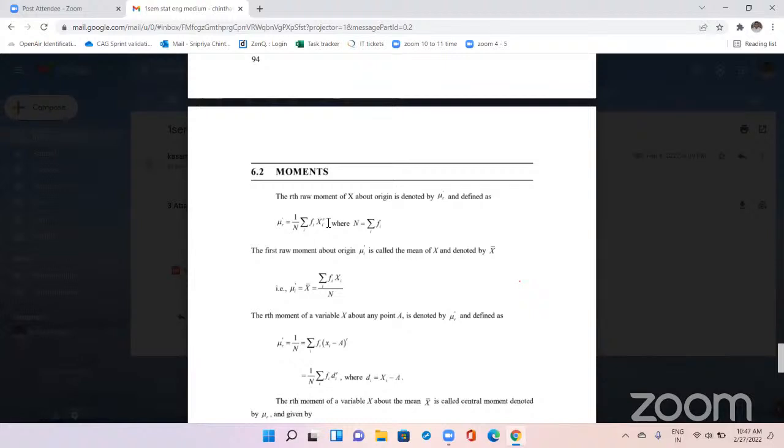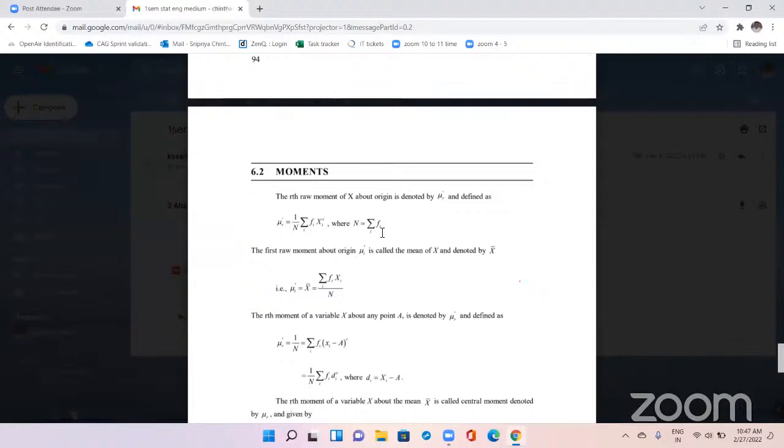When you are taking about origin, it means a is equal to 0. The ultimate formula is mu r prime equal to 1 by n sigma fi xi to the power of r, where n is equal to sigma fi. So this is the formula.